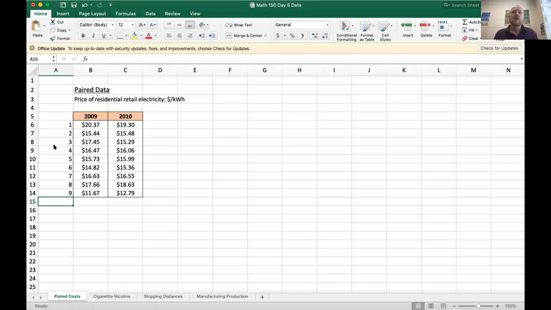This sort of thing is what you'll do when you have a paired difference, where you want to see whether two things are different and it's paired up. So the same household in two different years is an example.